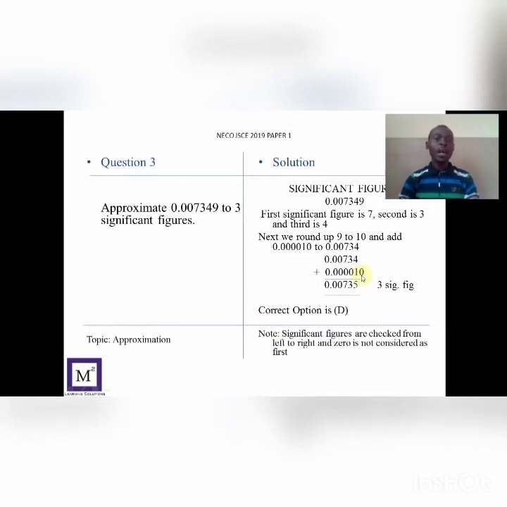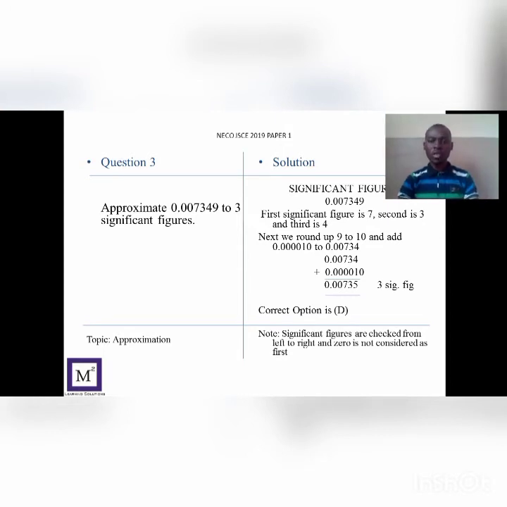Question 2. Approximate 0.007349 to 3 significant figures. This question is coming from the topic approximation. And when you are checking out for significant figures, the first thing you do is to count from the left-hand side and make sure that the first number you figure out as your significant figure is not 0.